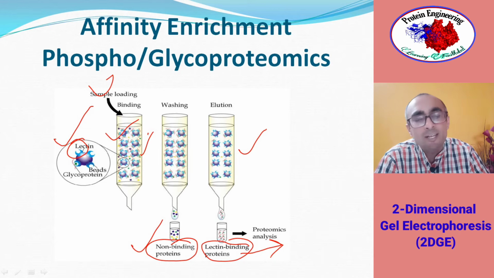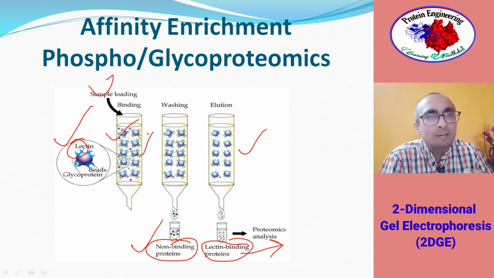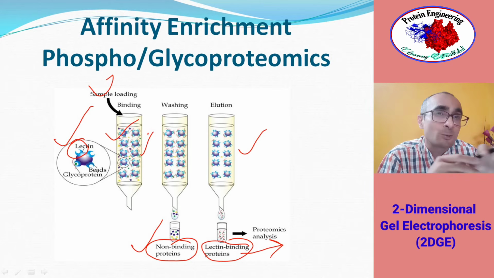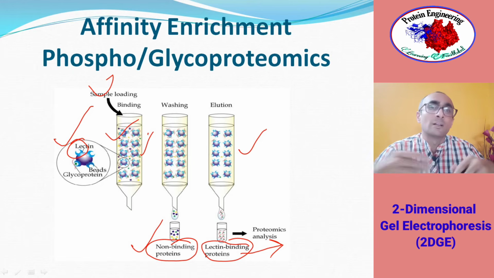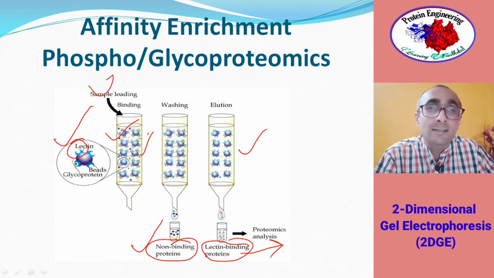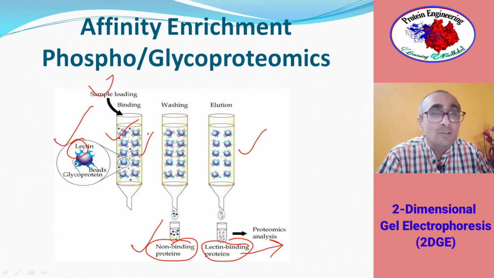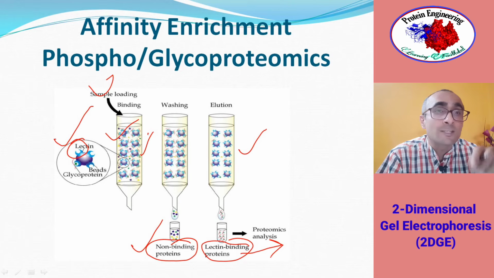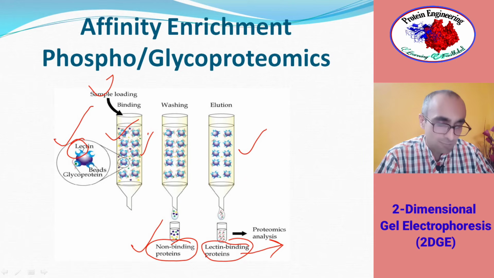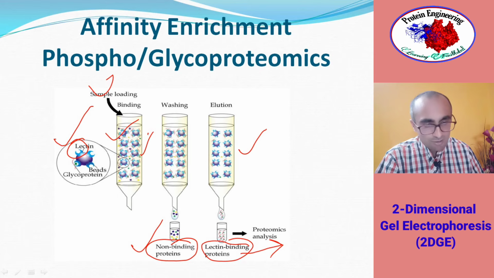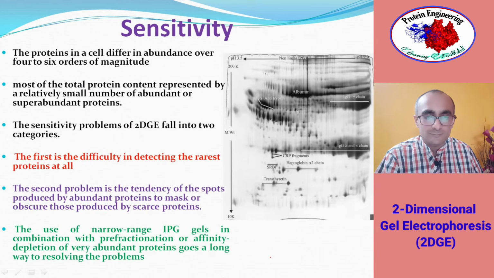So you can immobilize antibodies and separate phosphorylated proteins, and those can be run in 2DGE. Or in fact, instead of antibodies, you can use metal affinity chromatography, aluminium based, in order to enrich only phosphoproteins from the proteome, and then they can be studied in 2DGE for proteomic analysis.